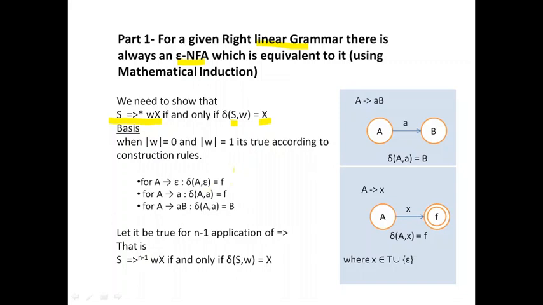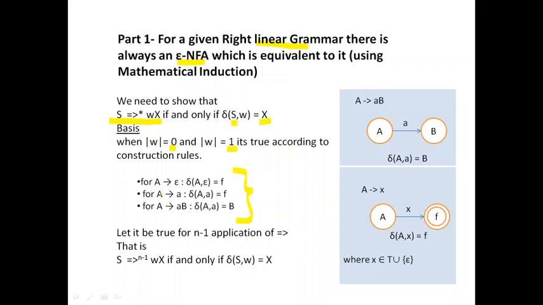According to those rules, when W's length is 0 or 1, it is true. It is very clear that when W is of length 0 or length 1, it is true.